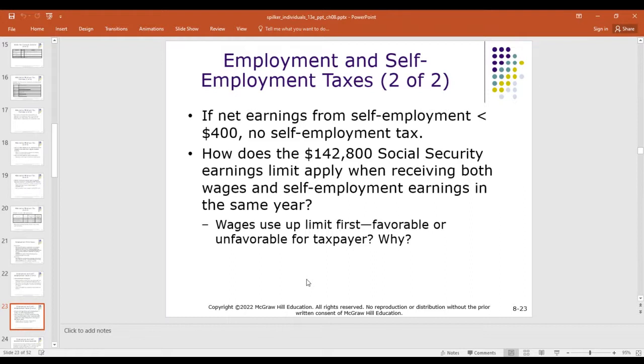We always take a look and go, wait a second, have they paid into Social Security yet, and on how much of their gross pay? And then if there's any amount that's still not taxed, that'll come from the profits. So there's a whole bunch of examples there. Take a look through them and let me know if you have any questions on those.